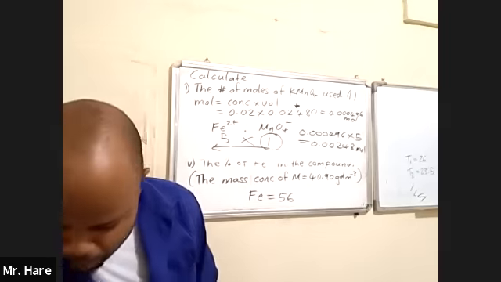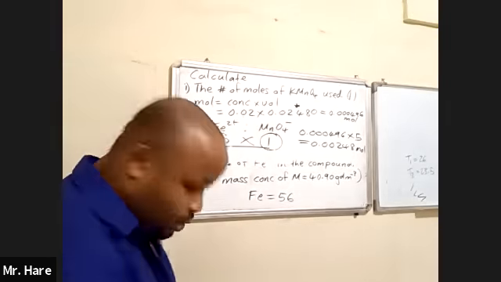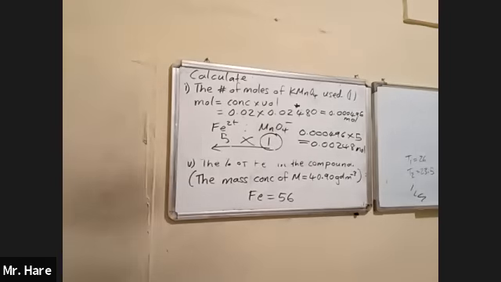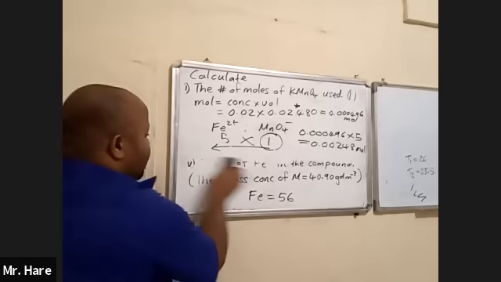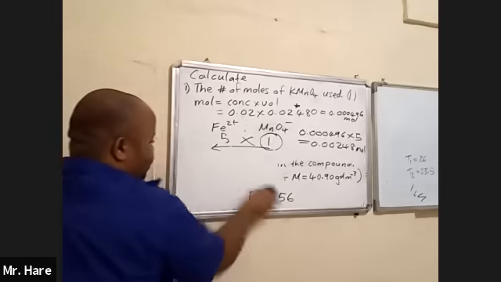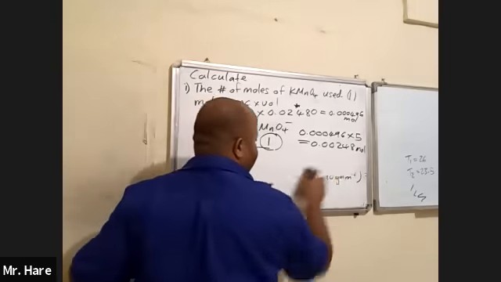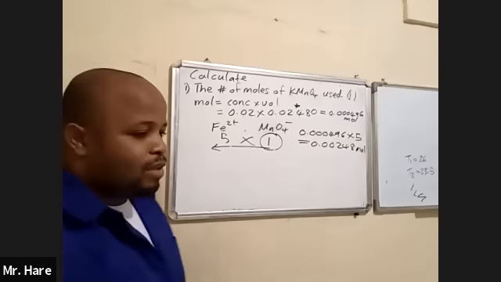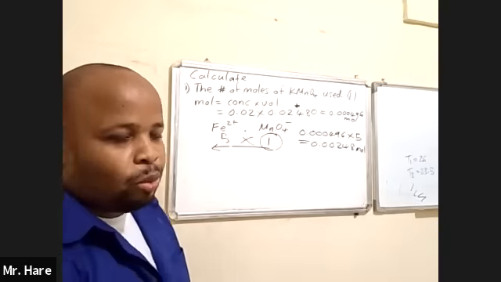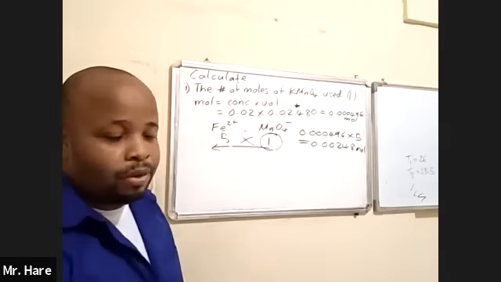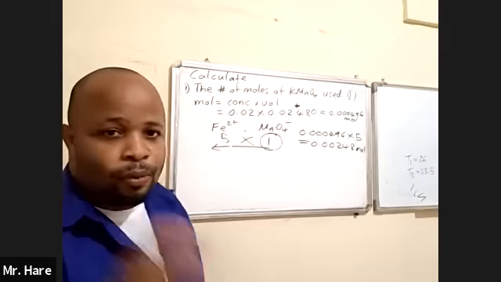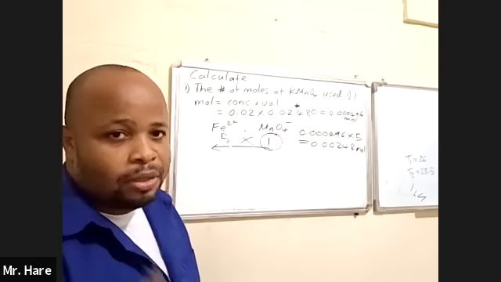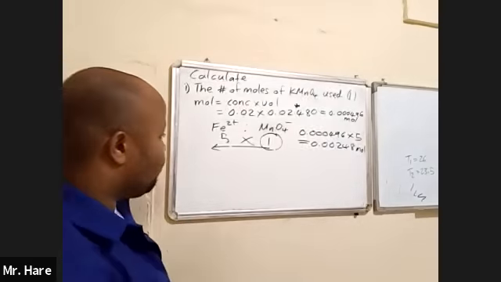Now, after we get the moles in 25 cm cube, they ask us to find the number of moles in what? Volume. 1 dm cube. All right. So you can convert the 25 cm cube to dm cube, or convert the 1 dm cube to 1,000 cm cube. So what we're going to say, right?